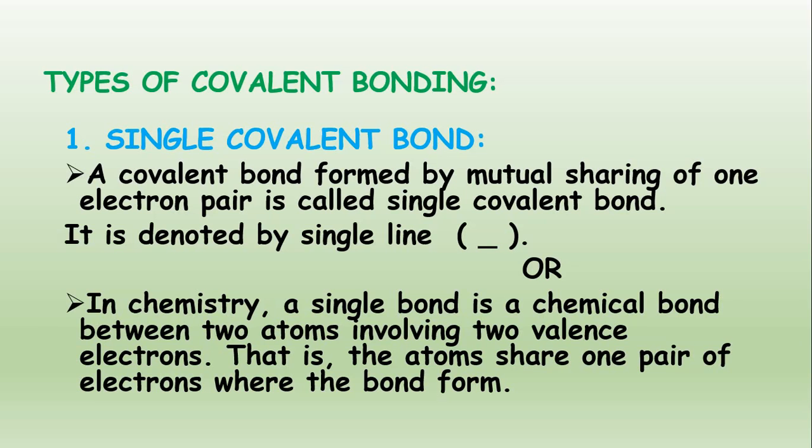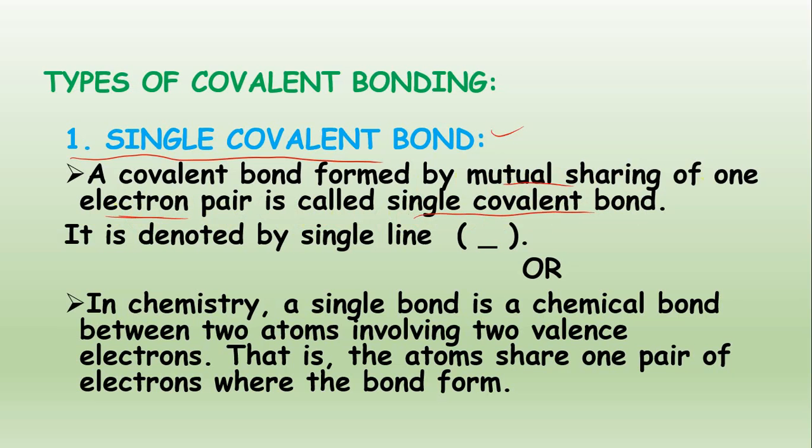Now we are discussing the first type, that is single covalent bond. In single covalent bond, there is a mutual sharing of one electron by each atom or element. Look at the definition. A covalent bond which is formed by the mutual sharing of one electron pair is called single covalent bond.